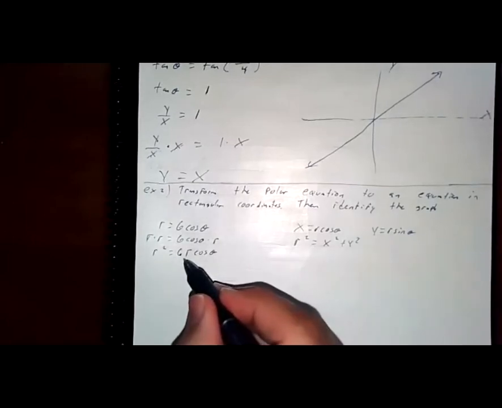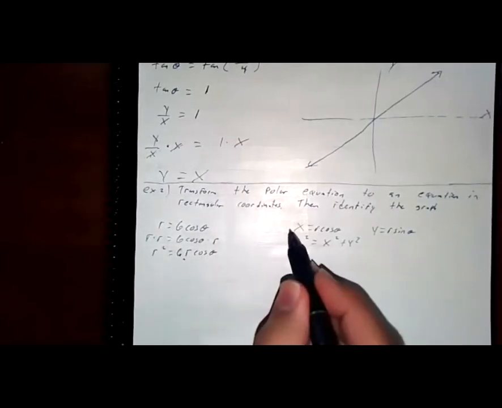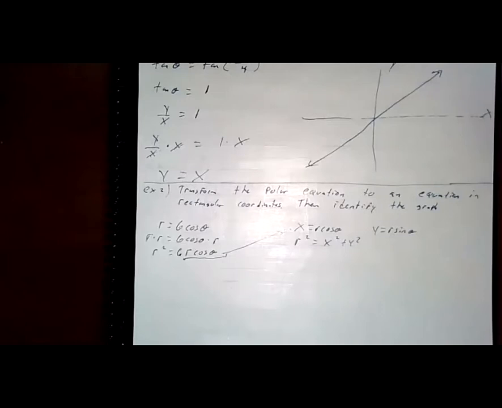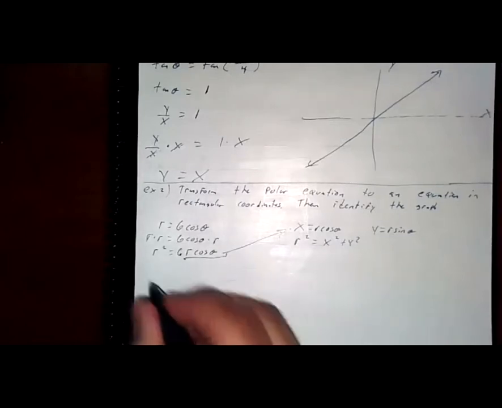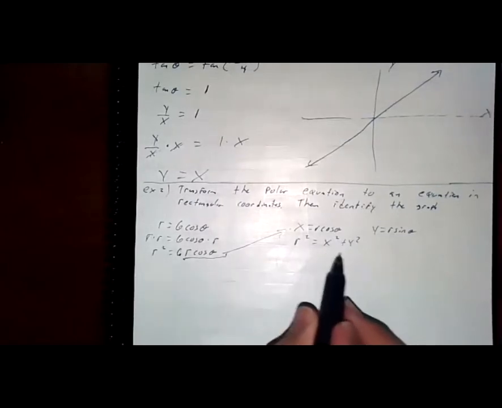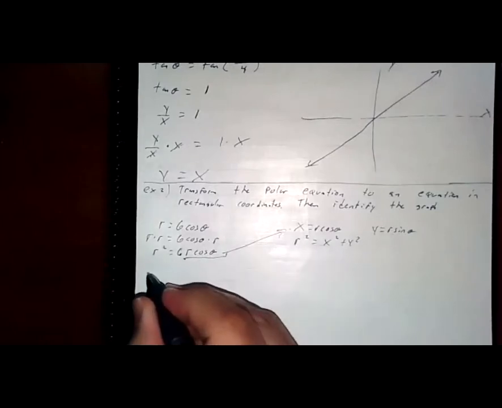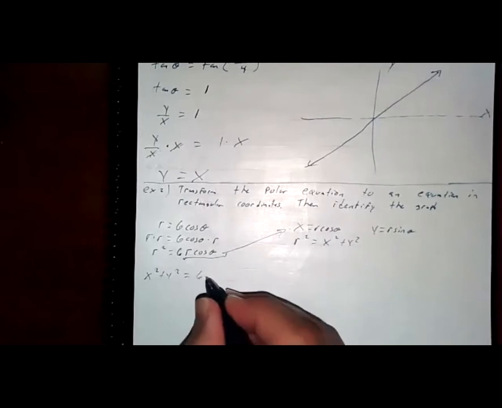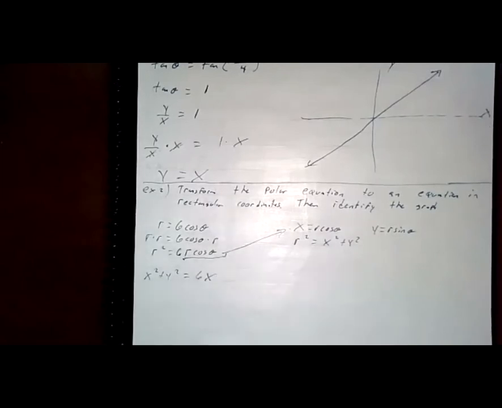This right here is x, right? So r squared is also equal to this, which gives us x squared plus y squared equals 6x. Are there any questions up until this point?